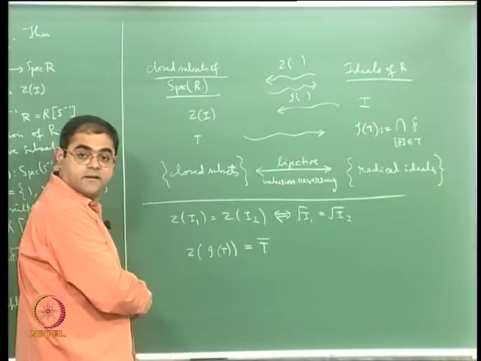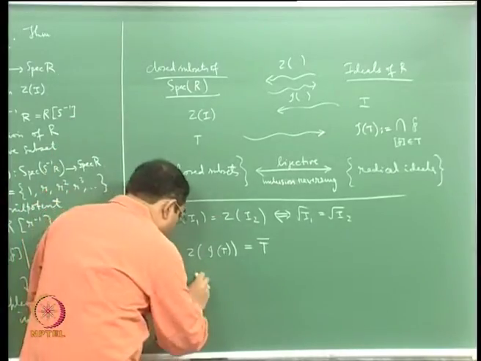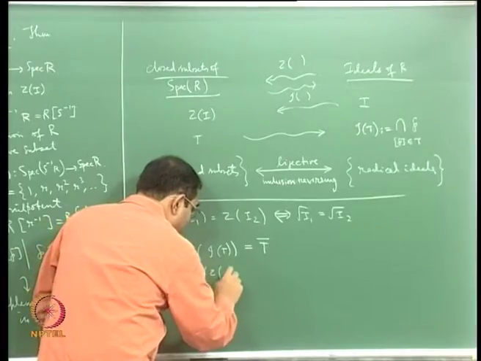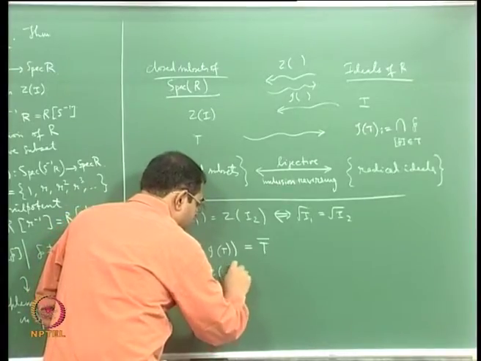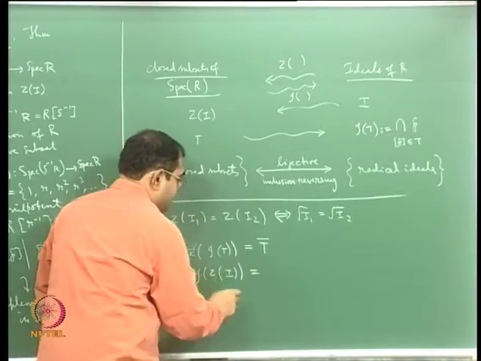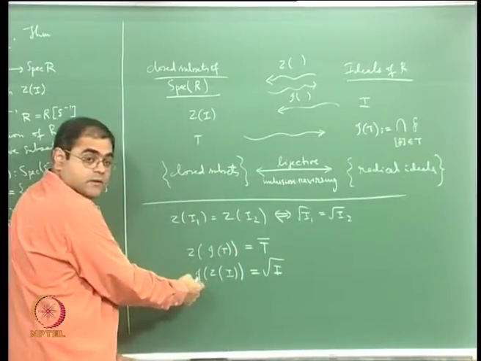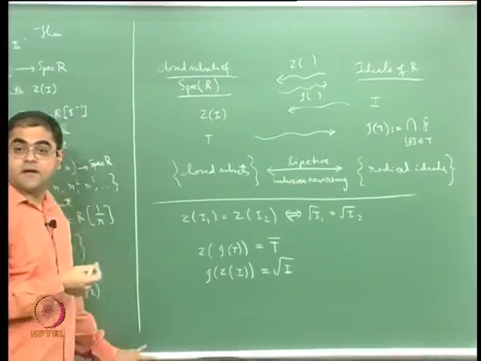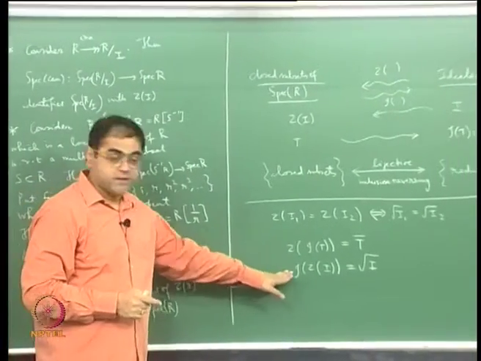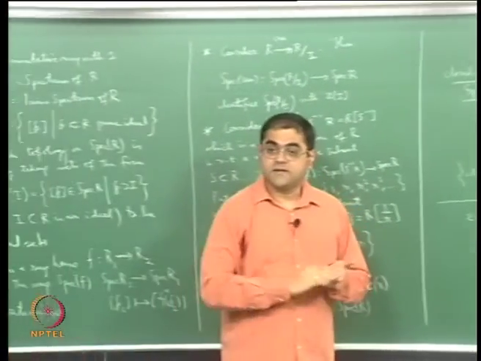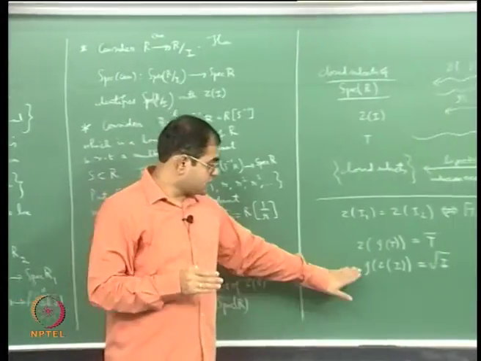and you also have the Nullstellensatz in its very ring theoretic form, which is script I of Z of capital I is rad I. Mind you, the analogous statement in the case of affine varieties was a very deep statement.